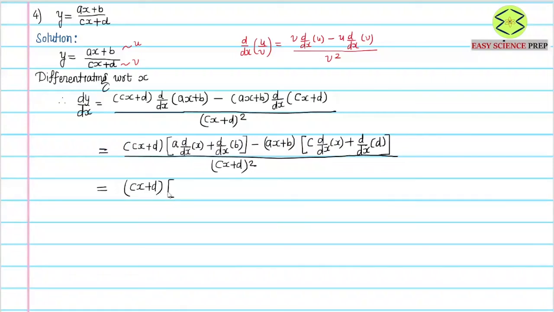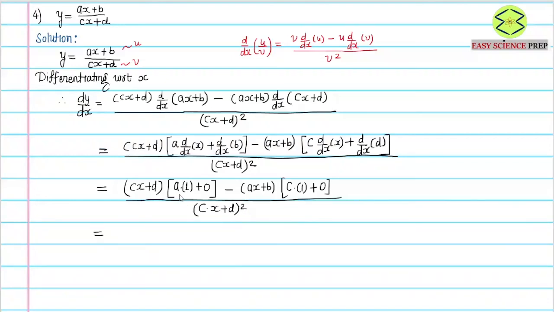Now a is a constant, as it is, no problem, and the derivative is applied to x, so the derivative of x is 1. So a into 1. Now b is a constant, so the derivative of a constant is 0, minus ax plus b. Here also c is a constant, so it remains outside, and the derivative of x would be 1, plus the derivative of d, d is a constant, so it is going to be 0, and then we have the denominator cx plus d, the whole square.